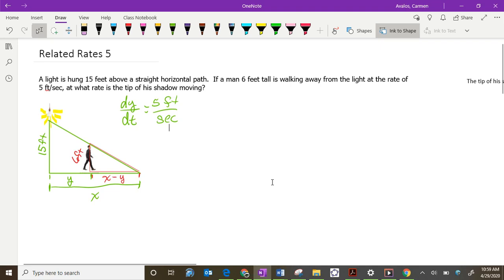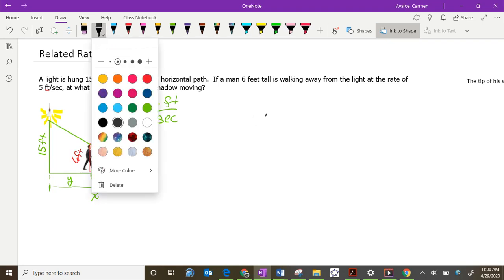The proportion we're going to set up is the whole triangle compared to the triangle of the man.